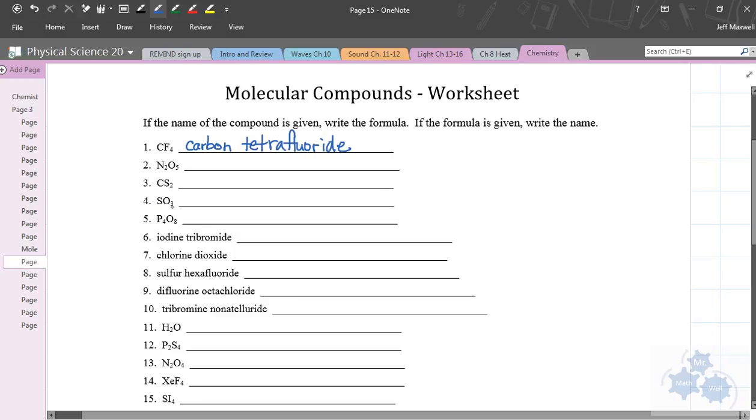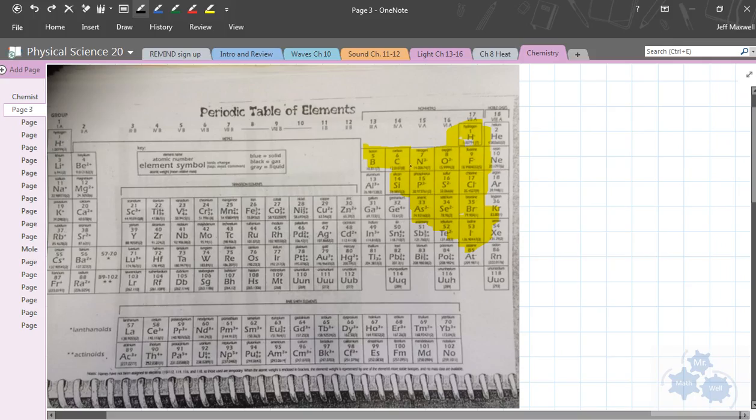Number 4, this one looks like an ion that we just have been working with, right? SO3. But notice, there's no charge here. So it's not the sulfite ion, right? It's not sulfite because there's no charge here. This is a molecular compound. Remember, sulfur is here, oxygen is here.